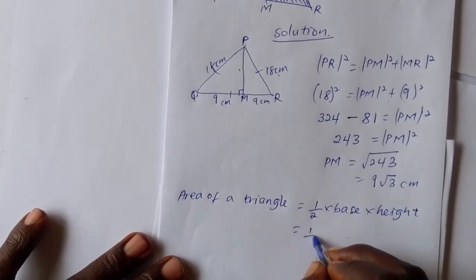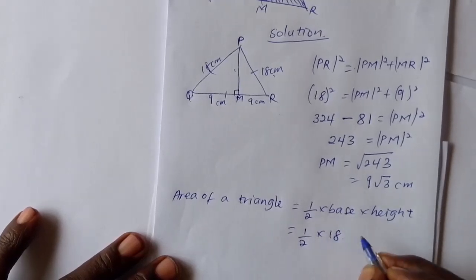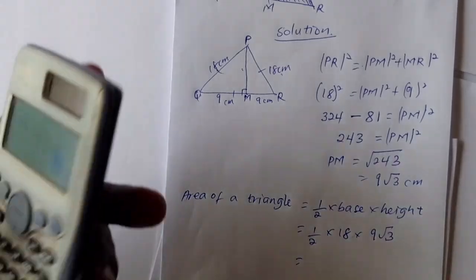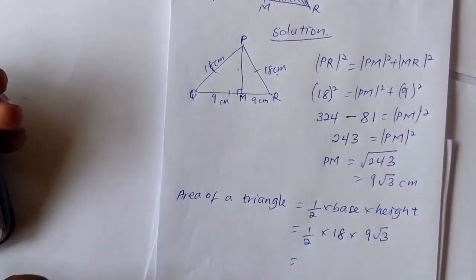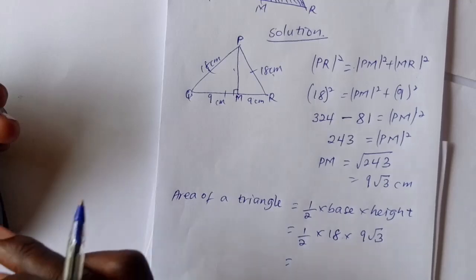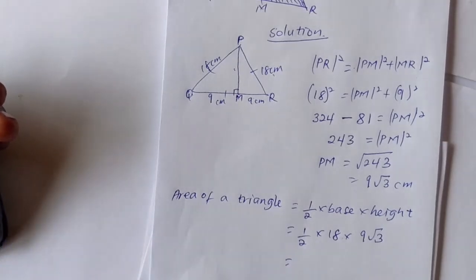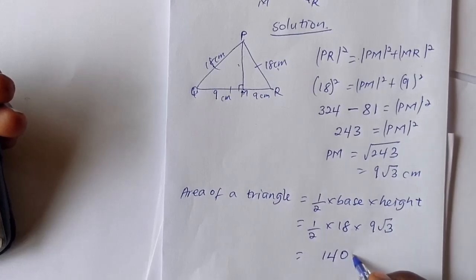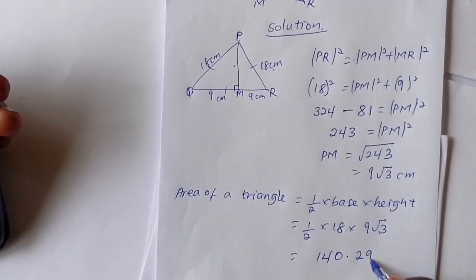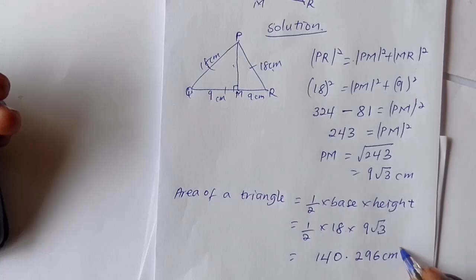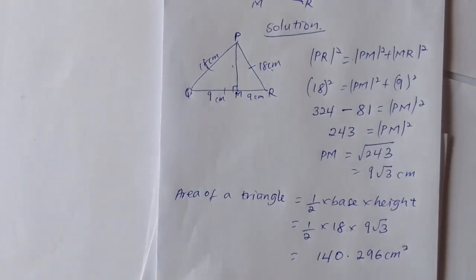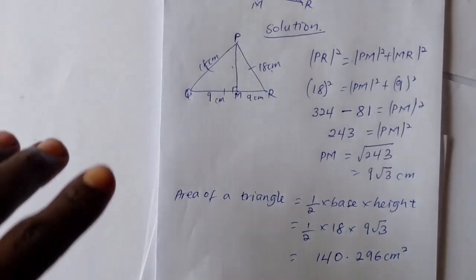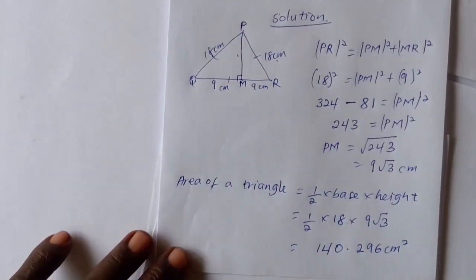So 1 over 2 times 18 times 9 root 3. What are we getting? This is 140.296 centimeters squared. We're talking about area, and the unit of measurement for area is square unit, so centimeters squared.